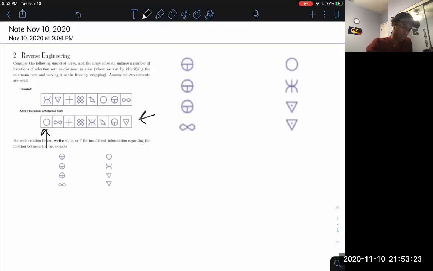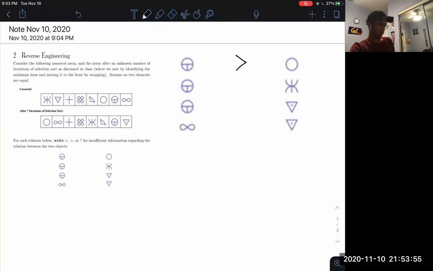Because if it's the first element and there's been at least 1 iteration of selection sort, then it had to have been the first thing we swapped. And since we know it's the smallest element, we can pretty easily say that the pizza is going to be greater than the circle. And just as an aside, we also know that the circle moved left a ton, which means that it's been sorted, and therefore it's smaller than the pizza.